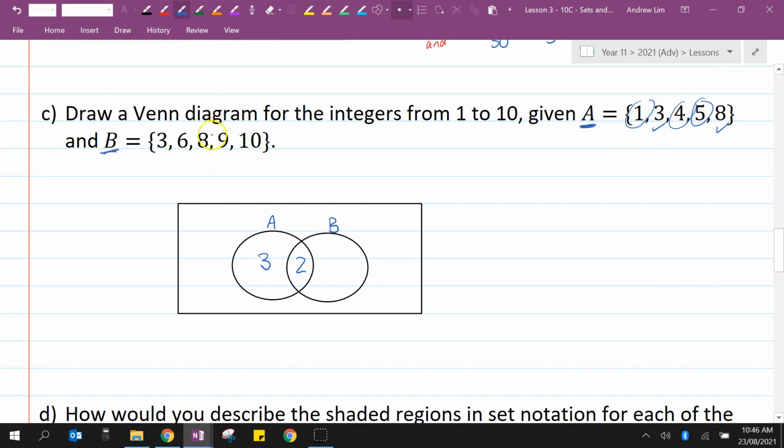B has 3 other numbers because they've got 3 and 8 in common. So these are the 3 other numbers. So if we add these numbers here, 3 plus 2 plus 3, that's 8 numbers accounted from 1 to 10, which means there are 2 numbers that we didn't include. So we need to put that 2 on the outside.